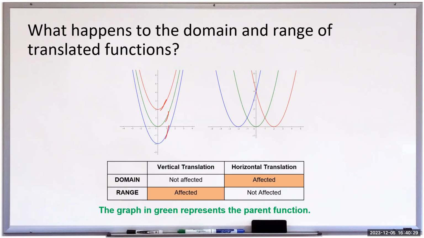Therefore, vertical translation affects our range. On the other hand, if we have horizontal translation, the domain is affected, however, the range is not affected. So this is our basic table that we use to determine the changes for our domain and range.